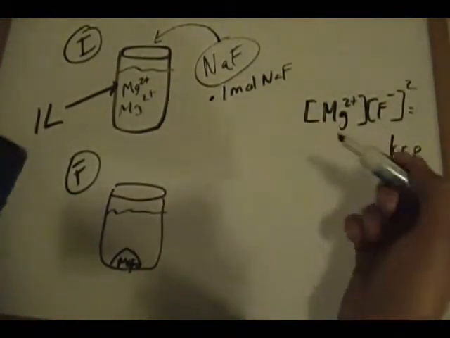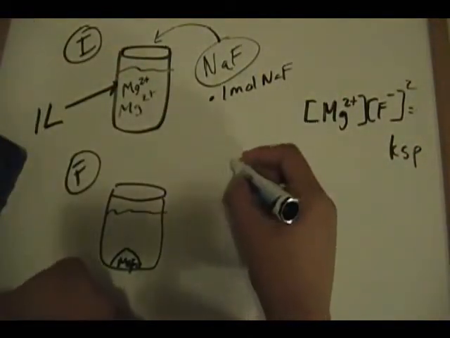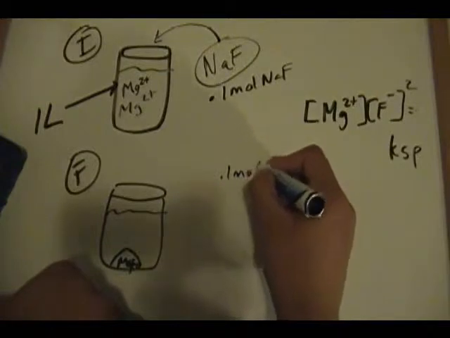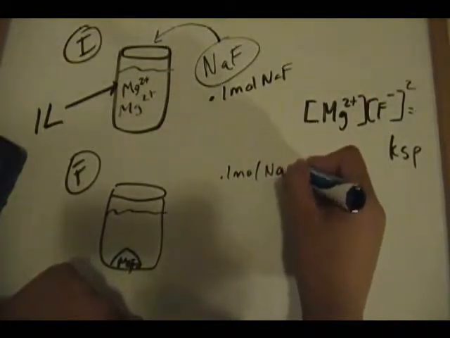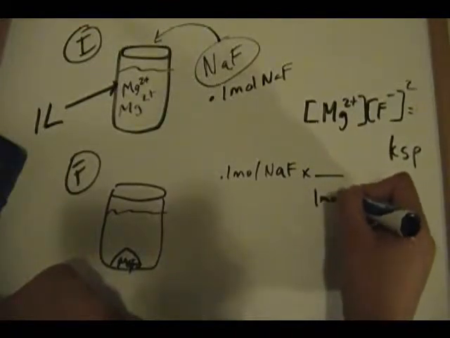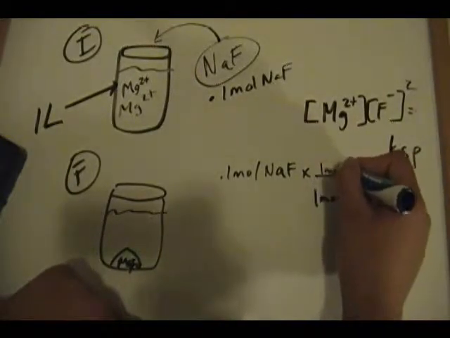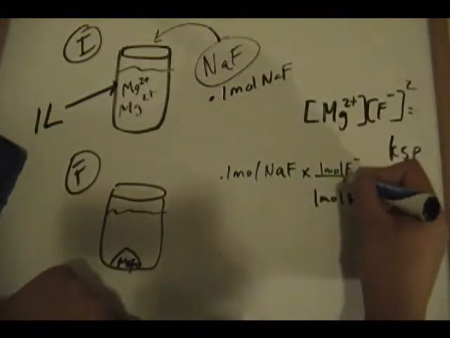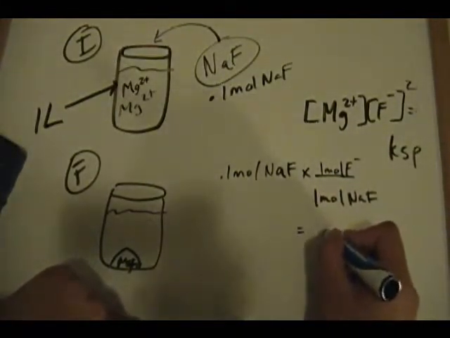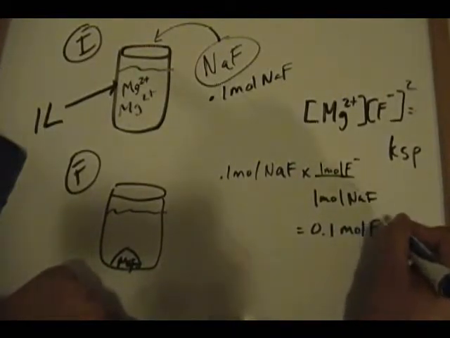We could figure this out even without doing the calculation, but we'll do it anyway. If you have 0.1 moles of sodium fluoride, for every mole of sodium fluoride there's 1 mole of fluoride ions, so that's 0.1 moles of fluorine ions.